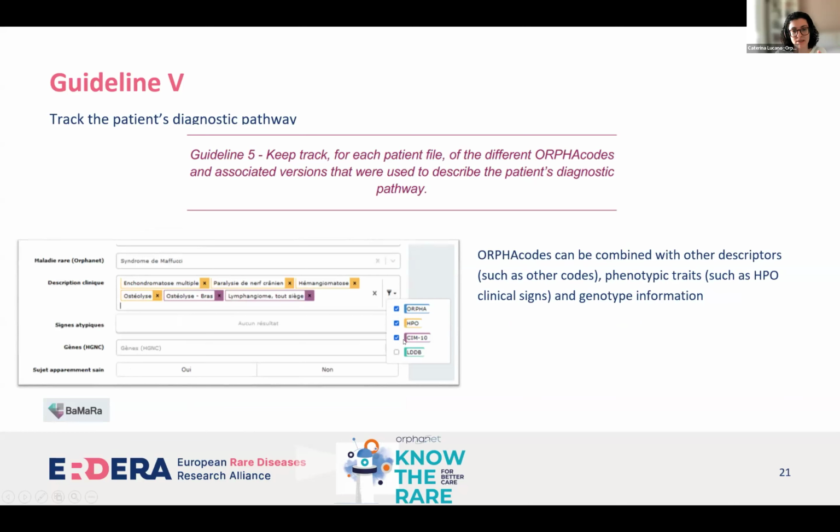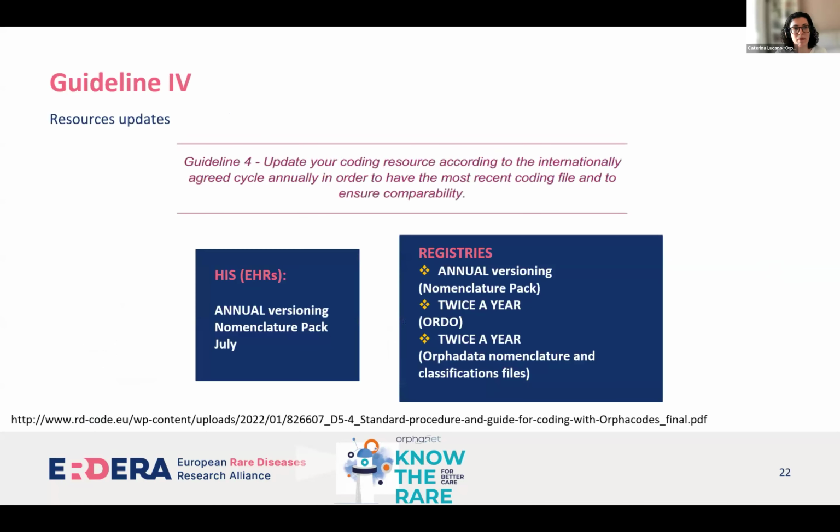So this here is, for example, ICD-10 in French, or you can add genetic information like genes and others, or other indications. So ORFA codes can be combined with other descriptors, phenotypic traits, and genotype information to complete the diagnosis, the description of the patient.